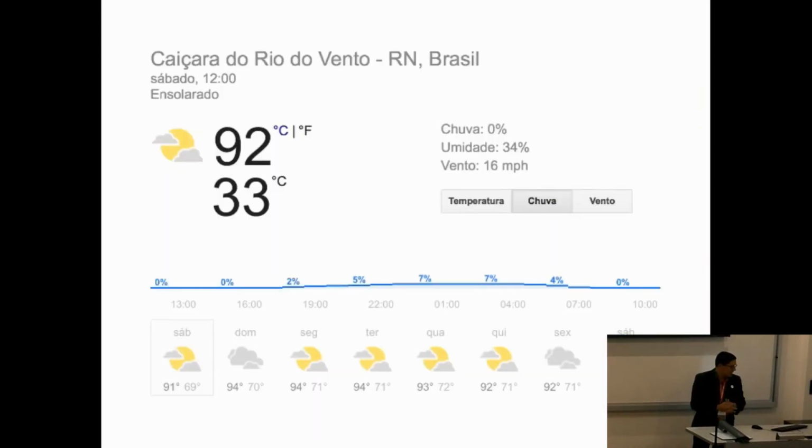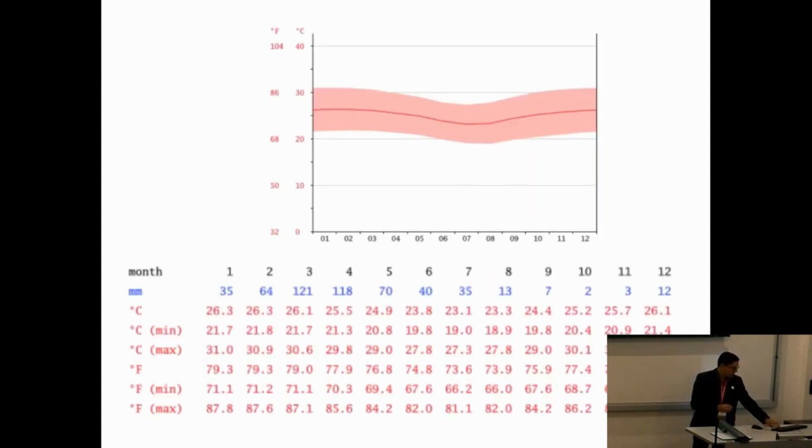The average temperature during the current day in this area is about 92 Fahrenheit. On average during the day we have between 67 to 87 Fahrenheit.